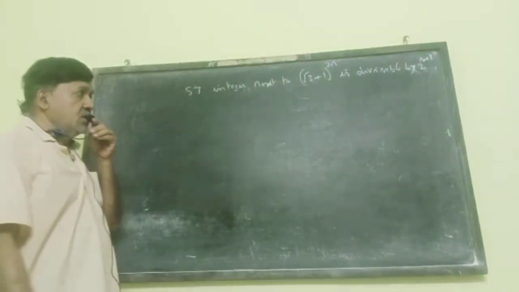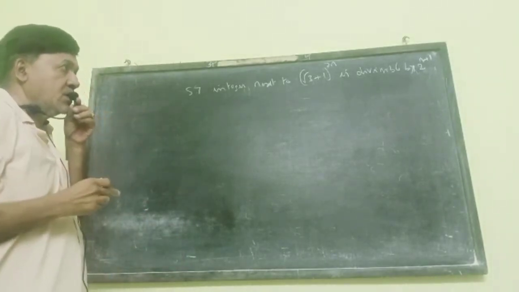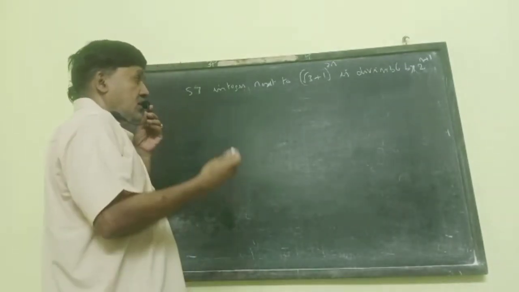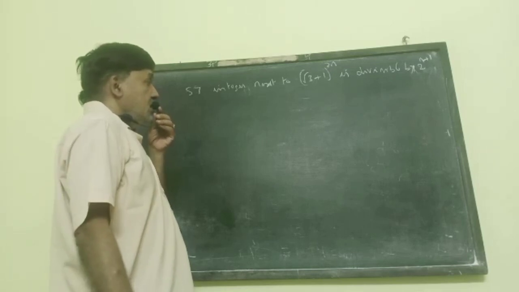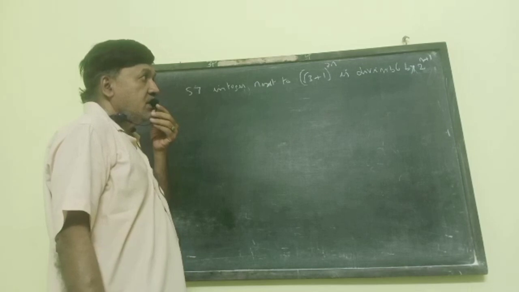The integer immediate to root 3 plus 1 whole power 2n is divisible by 2 to the power of n plus 1. This is a very important and a standard question. Show that the integer next to root 3 plus 1 whole power 2n is always divisible by 2 power n plus 1.